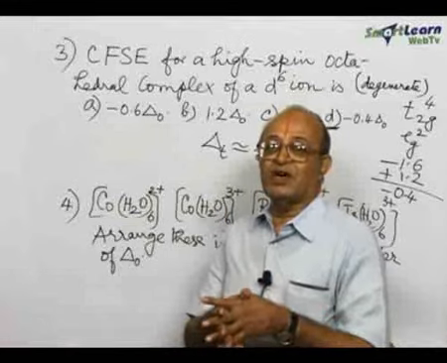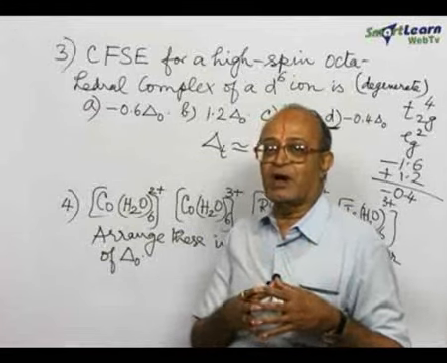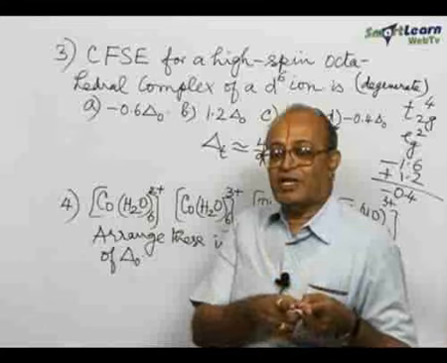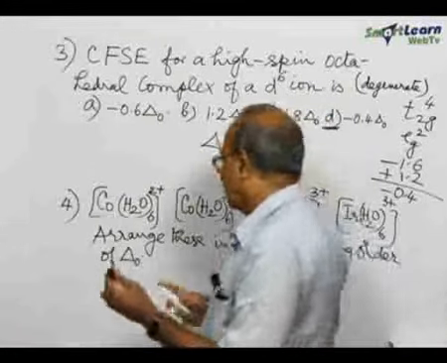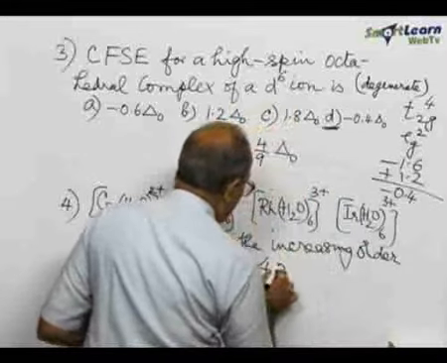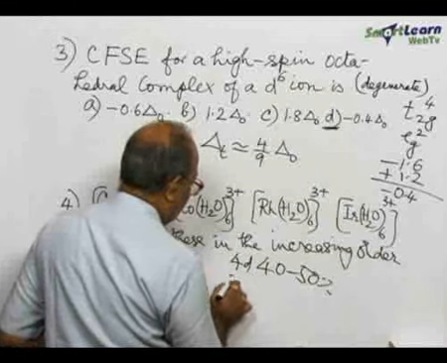It has been observed, if you change the central metal atom or ion from 3D to 4D, roughly there is an increase of 40 to 50% for 4D.